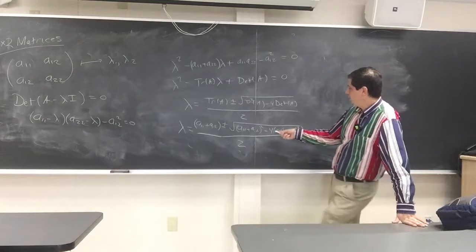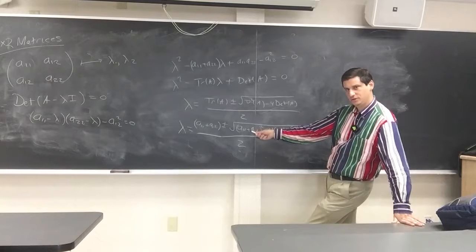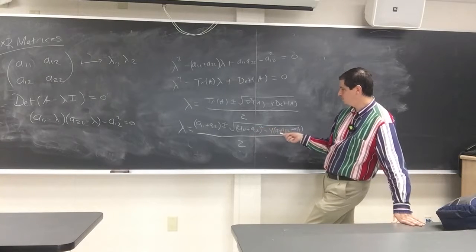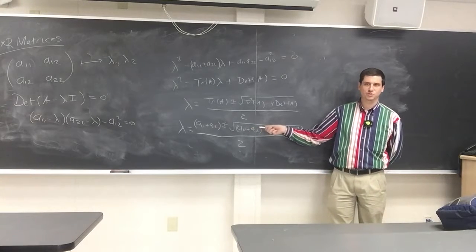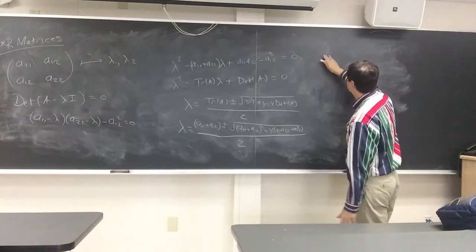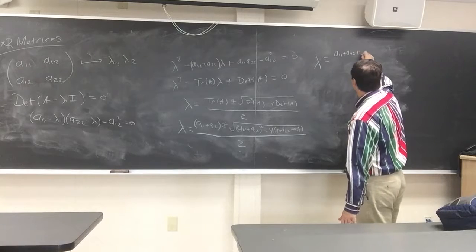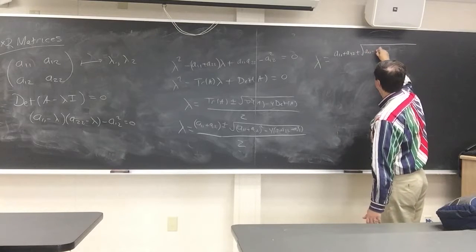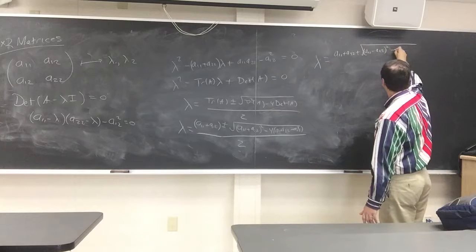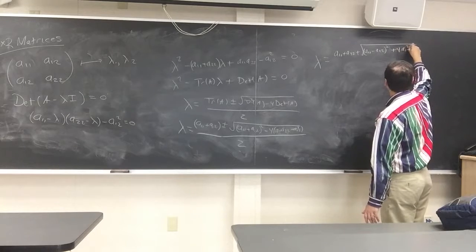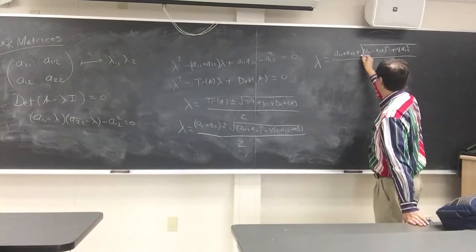So if we look at what's going on here, this is A11 squared plus twice A11 A22 plus A22 squared minus 4 A11 A22. So that becomes (A11 minus A22) squared. So we are getting some cancellation. So we get lambda is A11 plus A22 plus or minus the square root of (A11 minus A22) squared plus 4 A12 squared, all over 2. A minus and a minus is a plus.